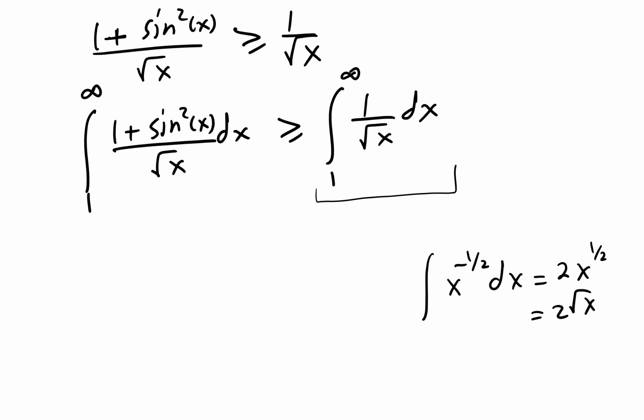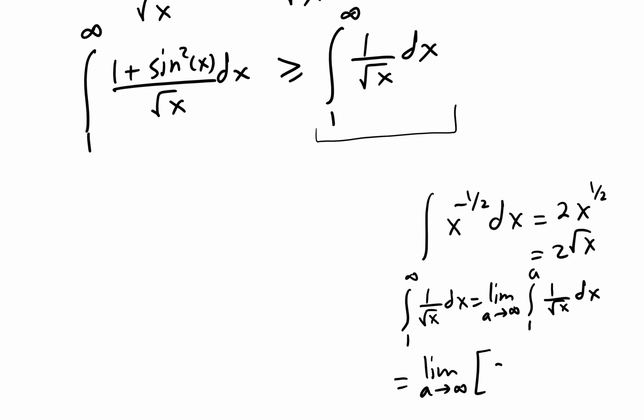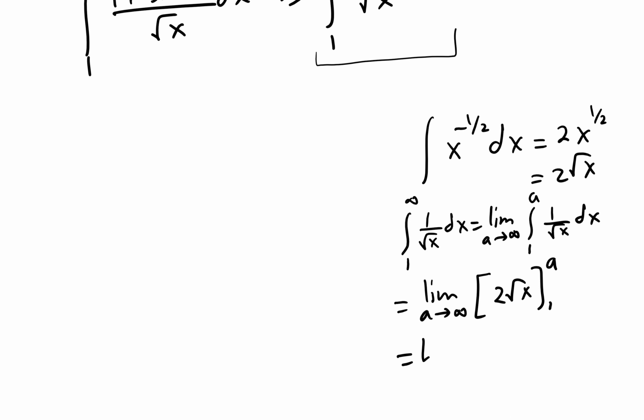Now when we do 1 to infinity, we do the limit as a goes to infinity, 1 to a. We already integrated that as 2 square root of x from 1 to a. Then the limit as a goes to infinity of 2 square root of a minus 2 gives us infinity.